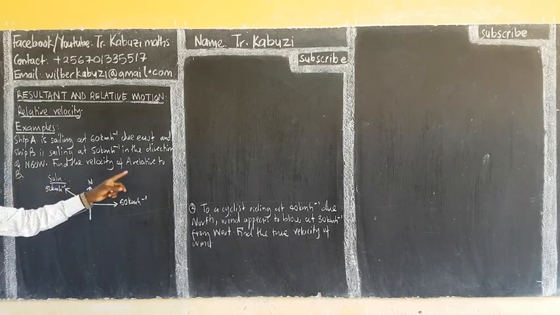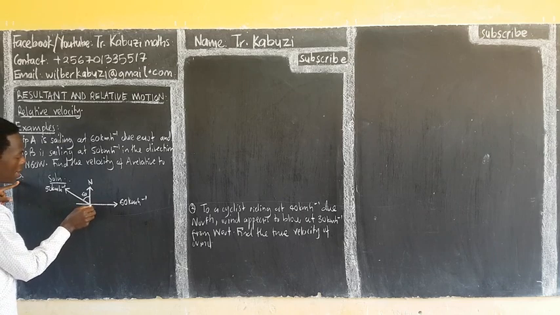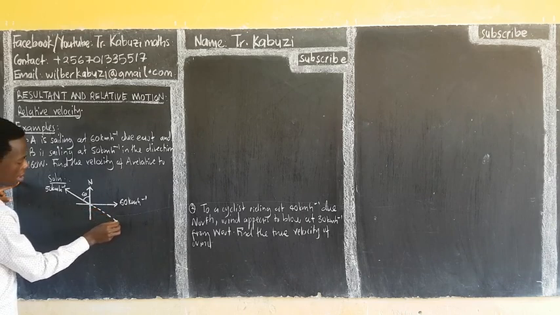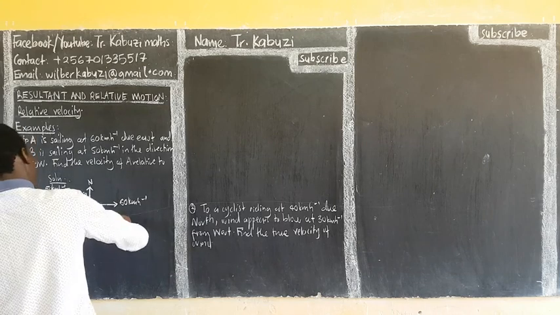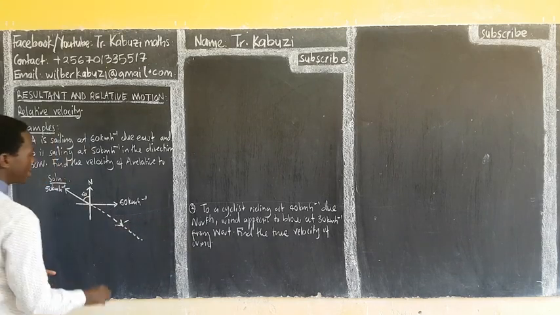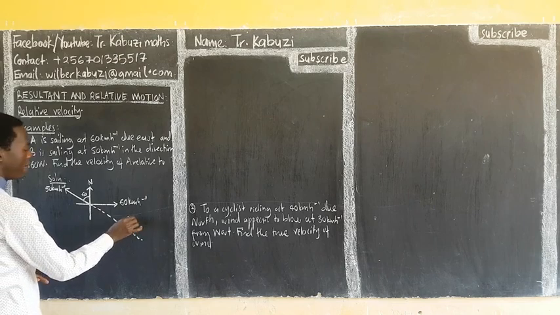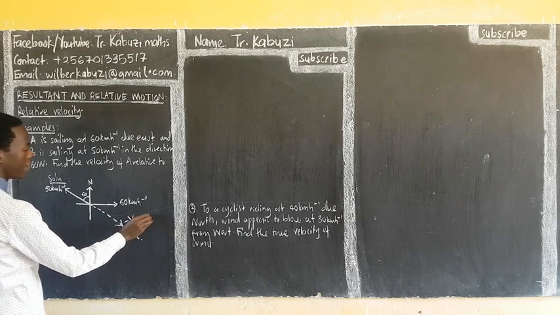If they say A relative to B, it means that the direction of B has to change, so it appears as if it's changing. This is going to be our negative VB, which is going to be 50.